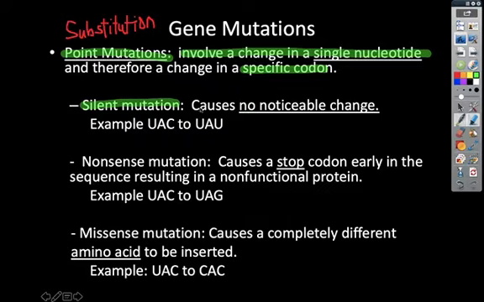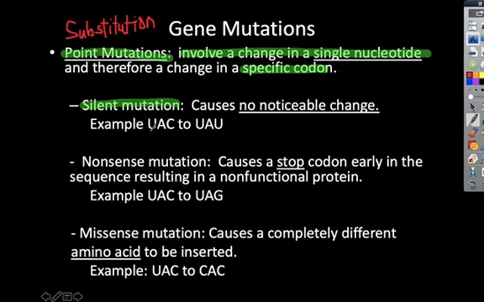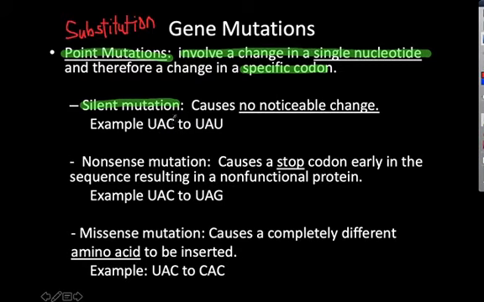Basically, what happens with a silent mutation is you have a codon, UAC, is just one example. If we look this up on our chart, UAC is going to code for tyrosine. So I'm just going to write TYR under there.